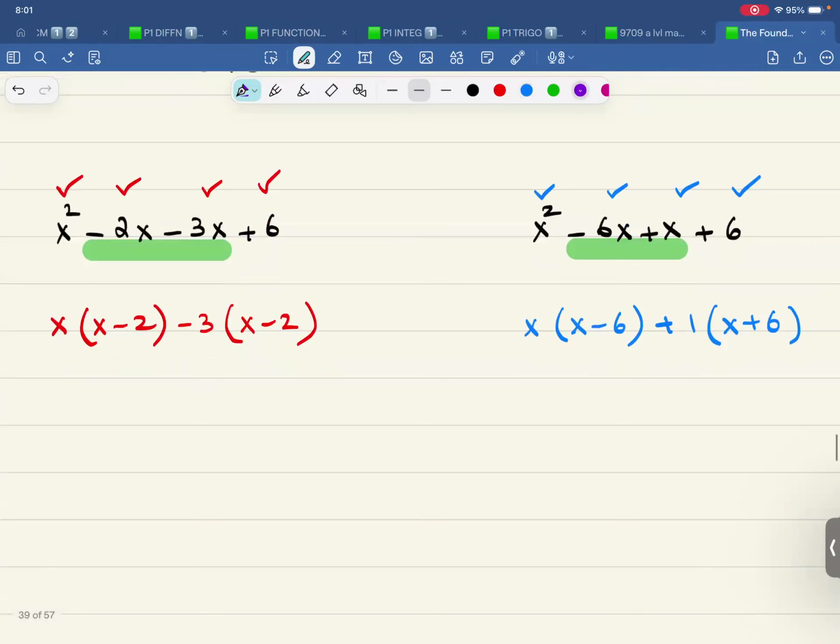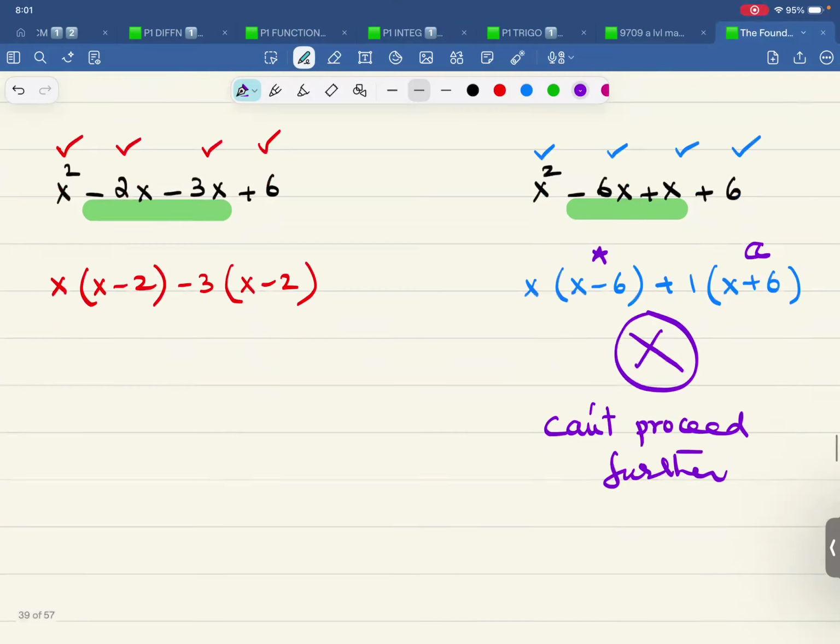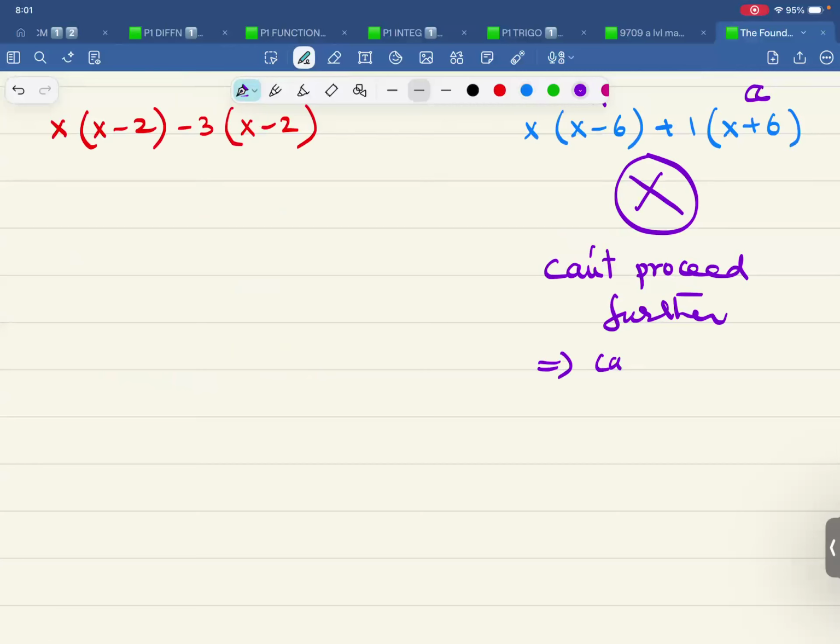Now, this one is definitely wrong because you cannot proceed further. Got the idea? Because these two brackets are different. This is different from this. So you cannot proceed further because you cannot take common.